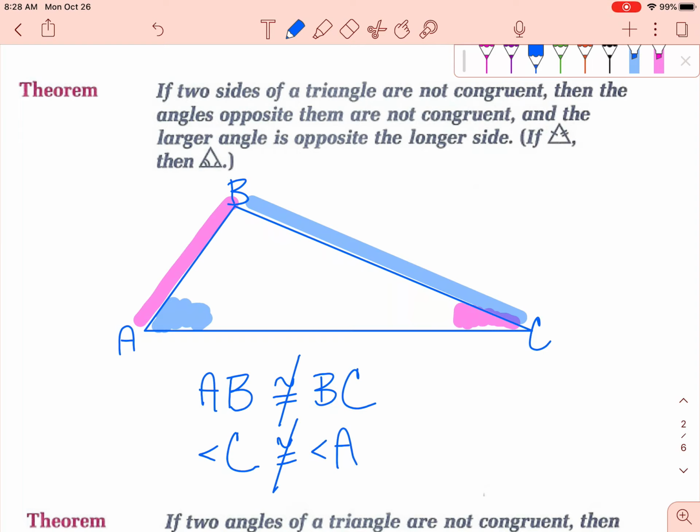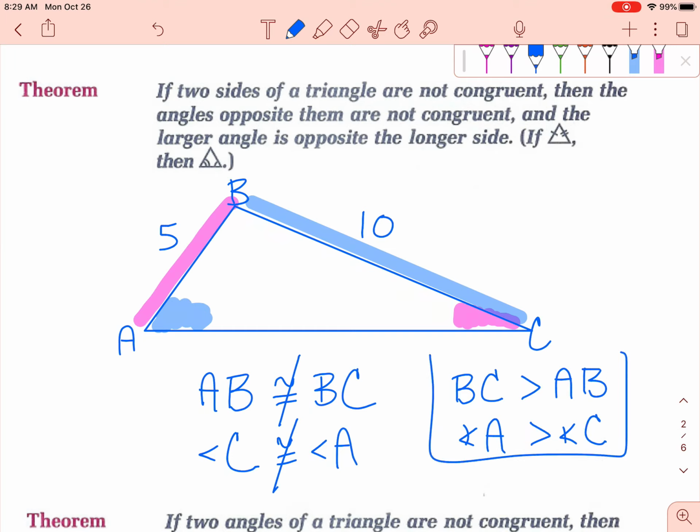Hypothetically, if there were numbers in here, let's say this is 10 and this is 5, I know that because BC is bigger than AB, because the blue side is bigger than the pink side, then the blue angle has to be larger than the pink angle.